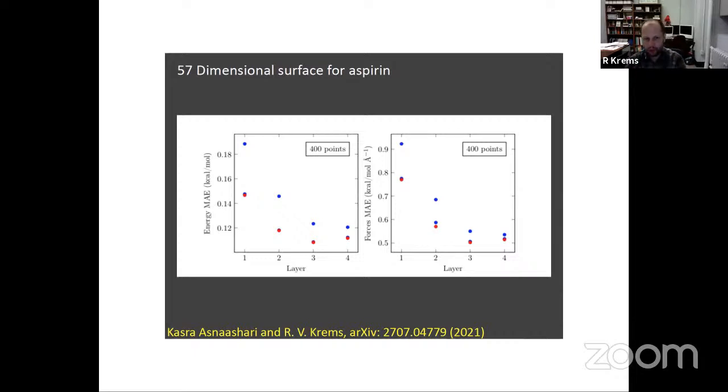Of course, you could reduce this error by increasing the number of training points. But this reduction is proportional to 1 over the square root of the number of training points. And in practice, it's even a little slower the closer you approach that extremely accurate limit of 1 wave number.